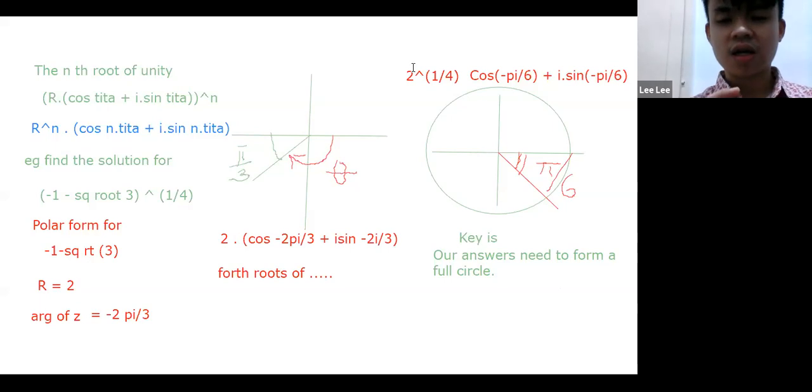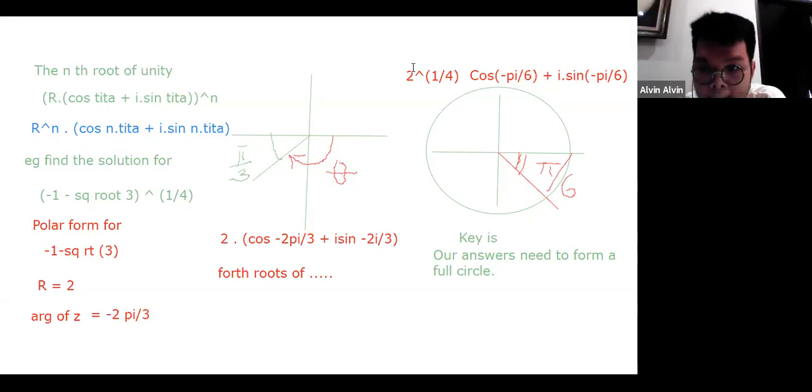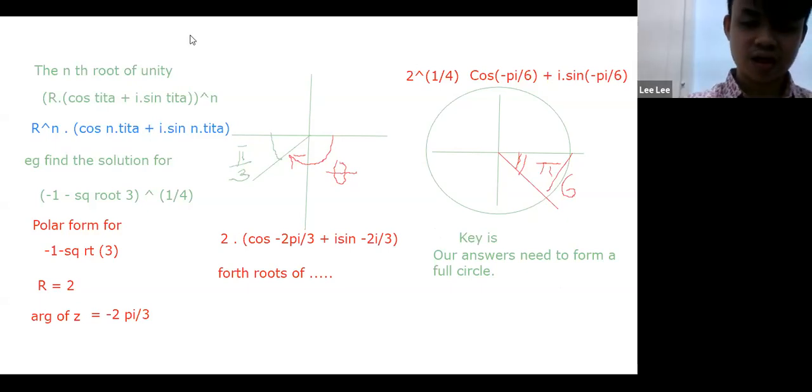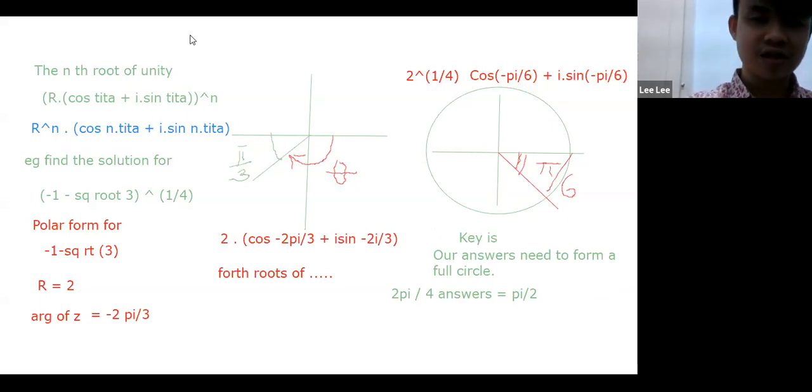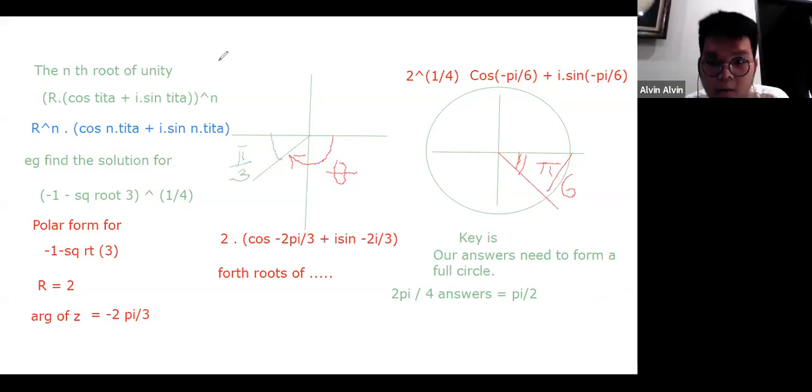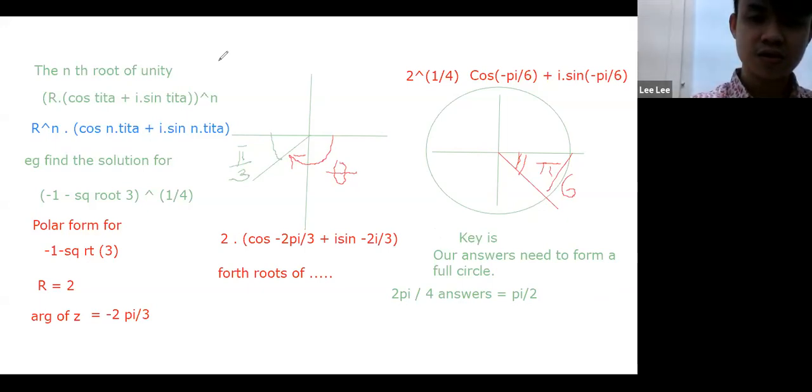If one of the angles is pi over 6, and one circle is 2 pi, you take 2 pi divided by 4 answers, so you have pi over 2. To find the next answer, you just add the angle by how much? Pi over 2.